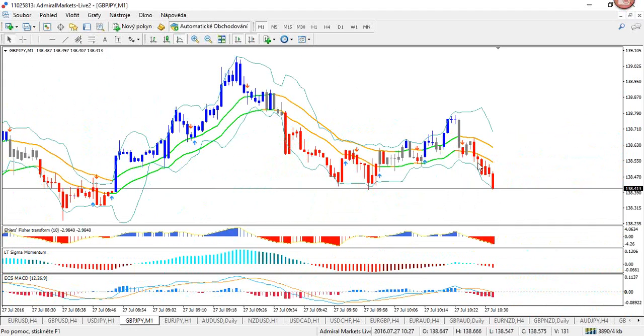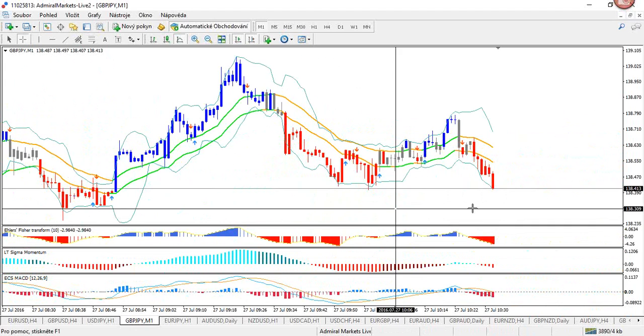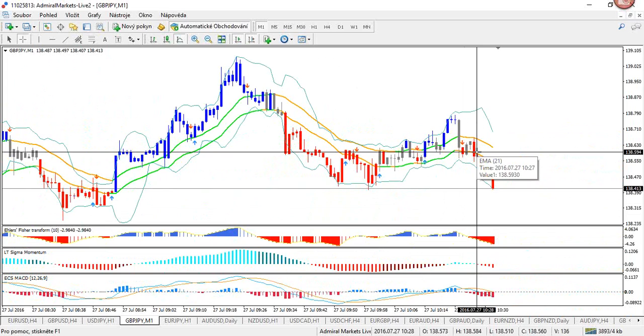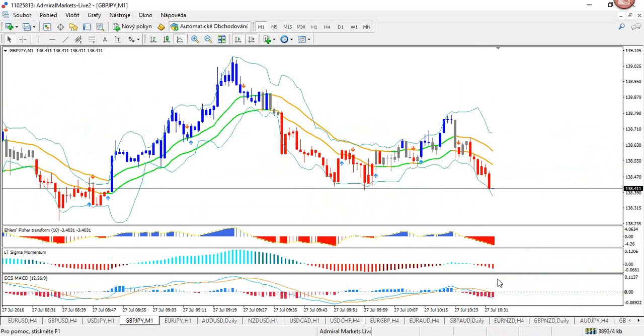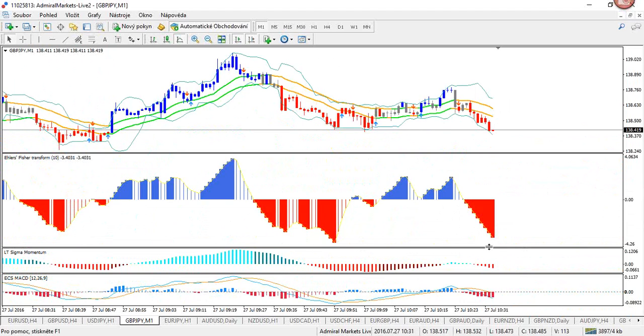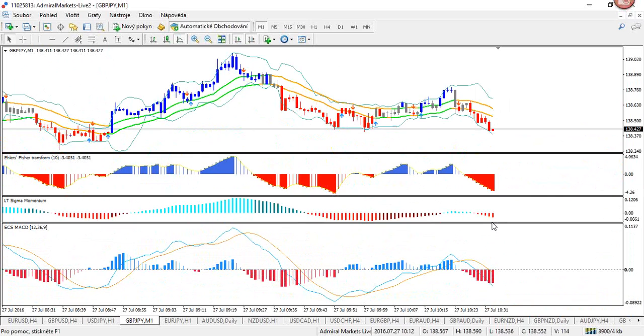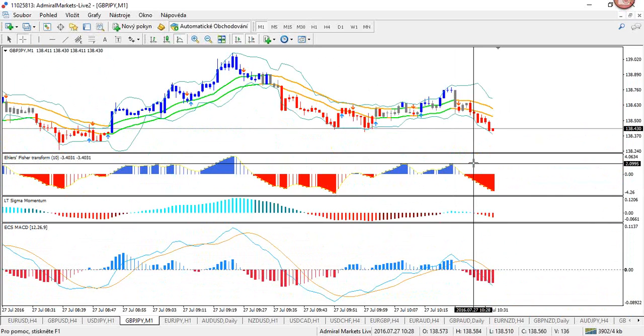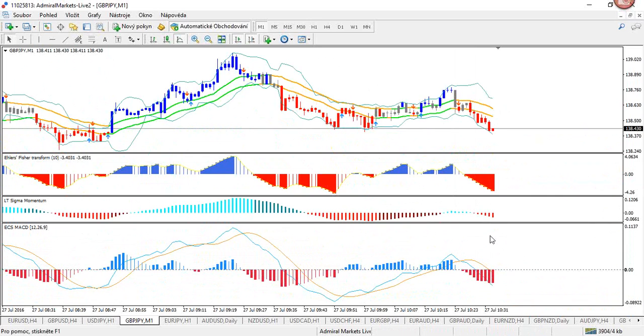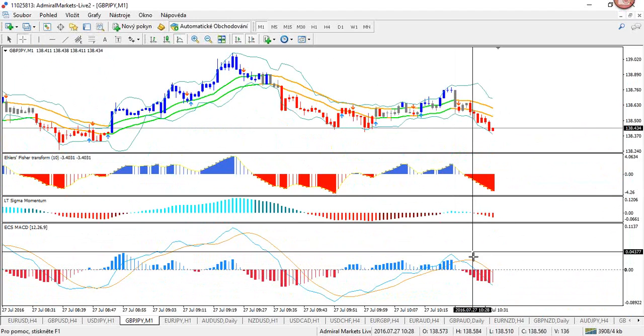All right, we see a second red candle right here, for instance. And at that point, let me make this a bit bigger. At that point, you see basically the blue line. Let's check. The blue line is actually still just a bit above.